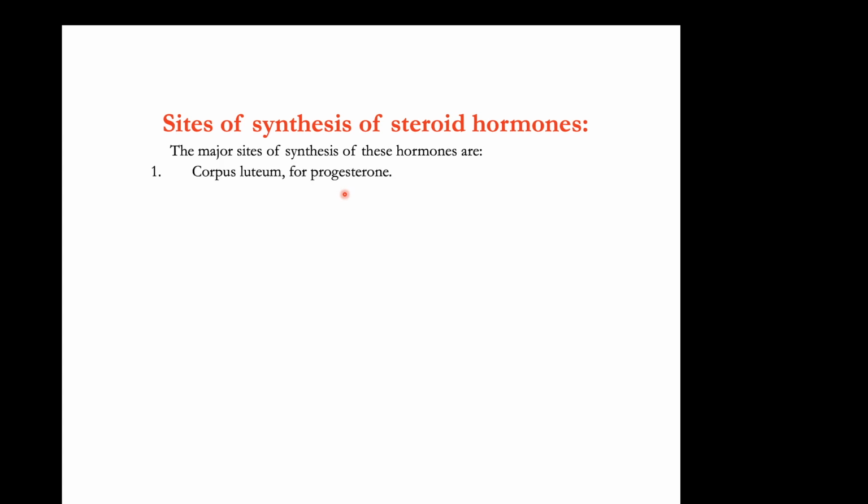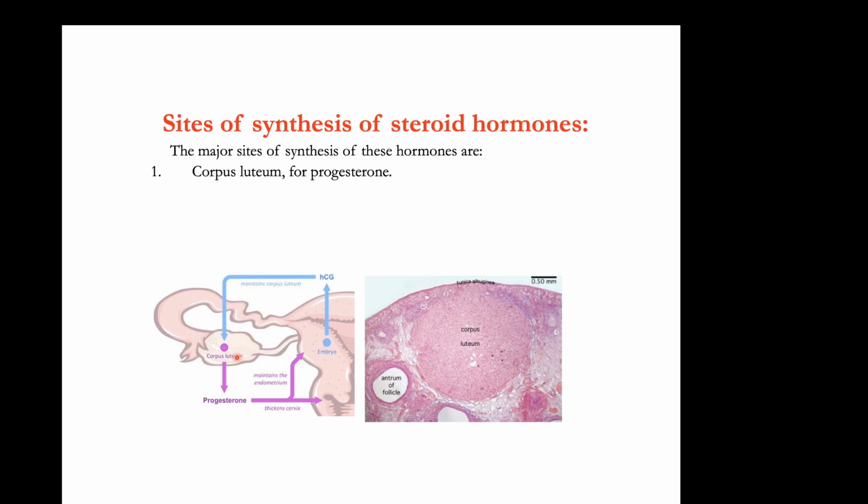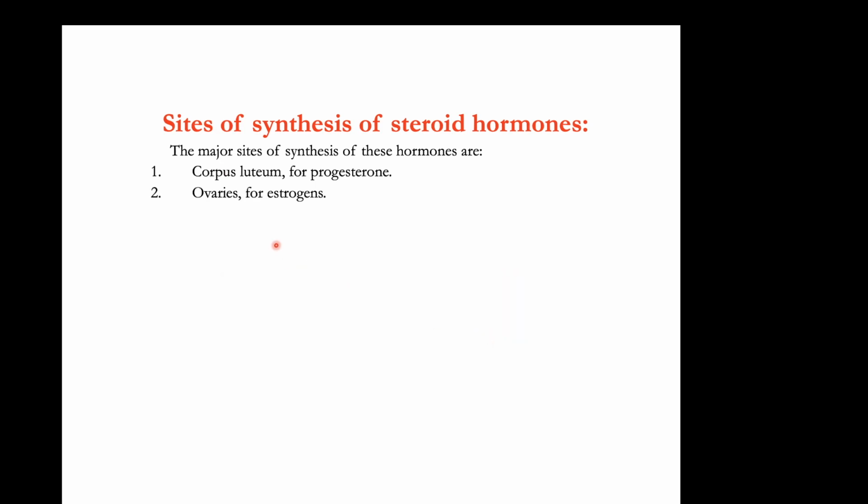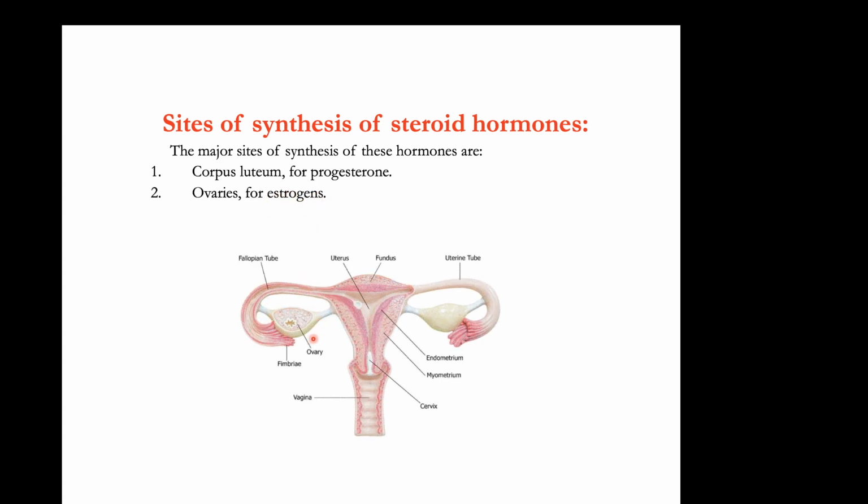Progesterone is basically synthesized in the corpus luteum in the ovary, and the estrogens are mainly synthesized in the ovaries. This is the primary sex organ among females, the 2 ovaries. This is the uterus and uterine tube, the fallopian tube.